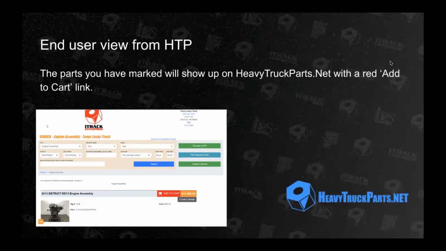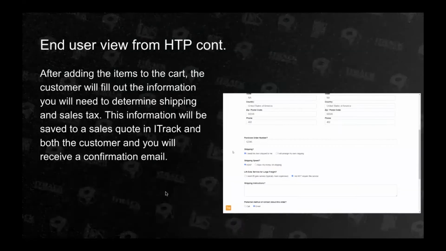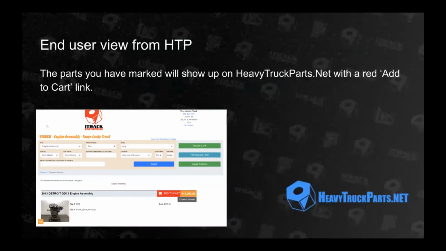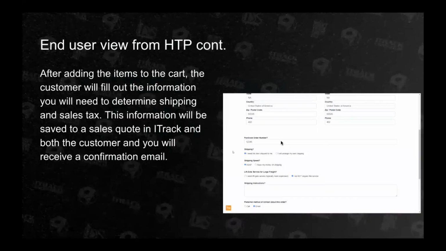So when you've designated those things to be available on HTTP, what will happen is that an end user will see this little add to cart icon on search results. And then when they click it, it'll go to a detail view, and a very similar one is on the detail view of it, and that will add to cart.